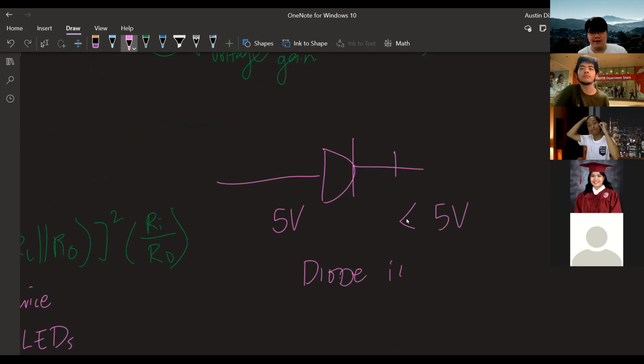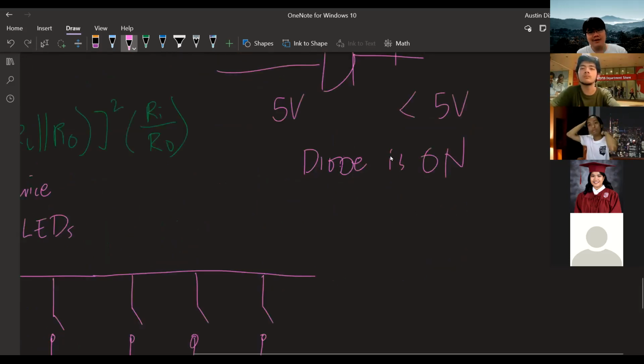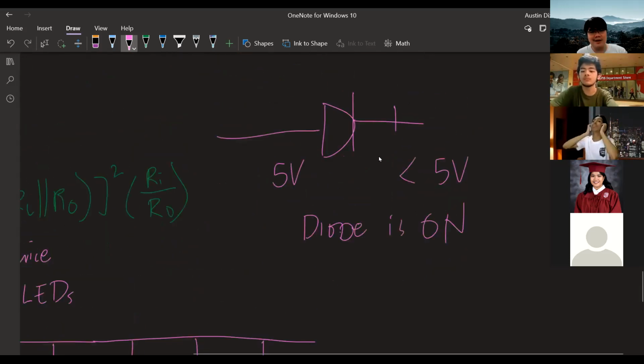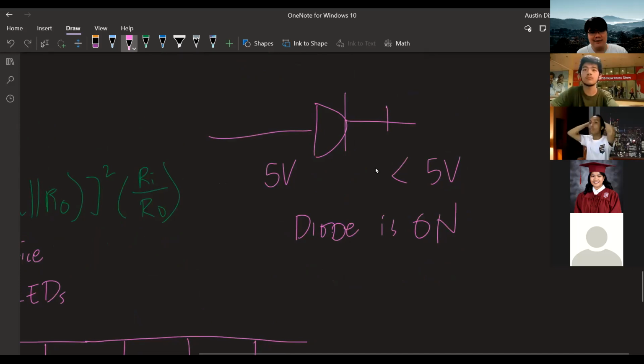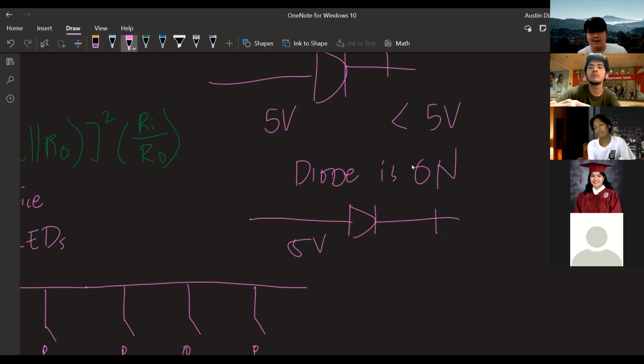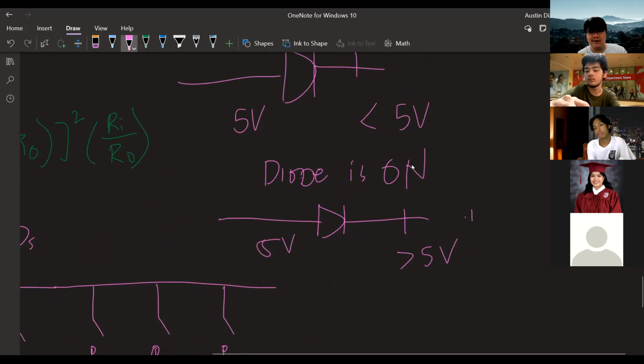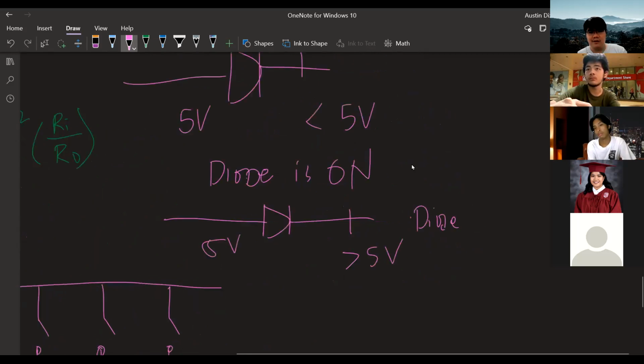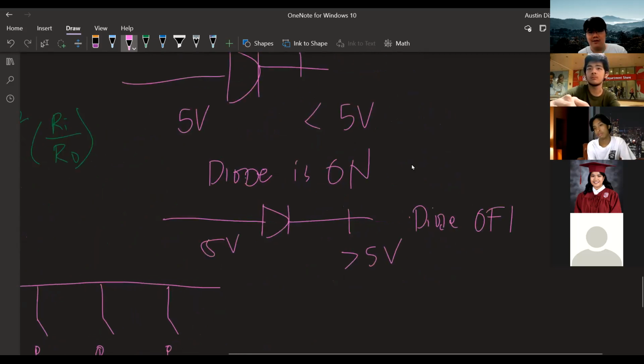Okay, so dapat alam nyo na to guys, no? Dapat from the second activity pa lang, alam nyo na dapat to. Tapos kapag 5 volts, pinabitan ko siya ng something that is greater than 5 volts, diode is off. As simple as that. Okay.